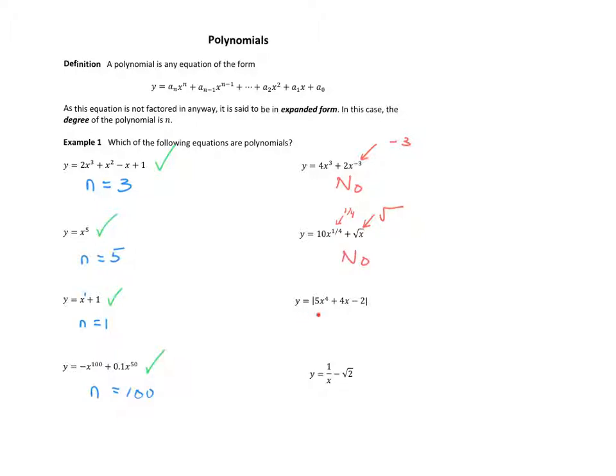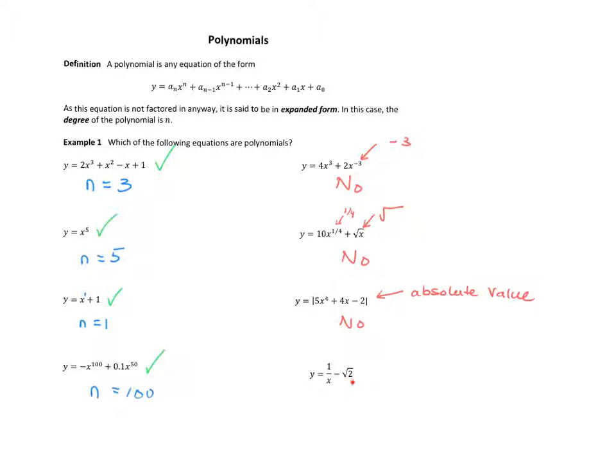All right, in this one, the 5x to the 4th plus 4x minus 2, well, that is a polynomial, but this time the issue is the absolute value. Again, in our definition up here, there is no absolute value anywhere. So this one, again, is not a polynomial. And in our last expression here, okay, here we have minus the square root of 2.